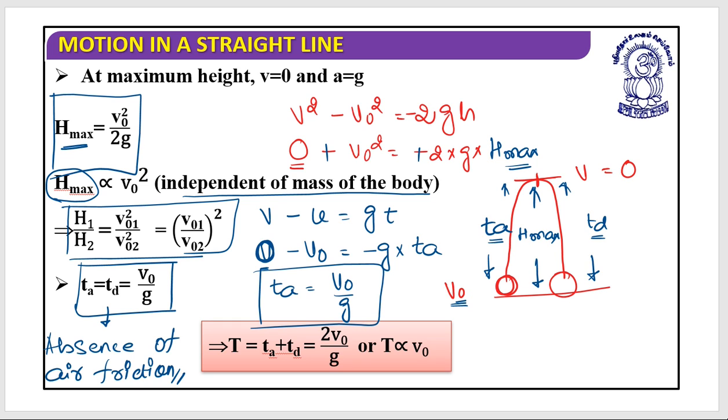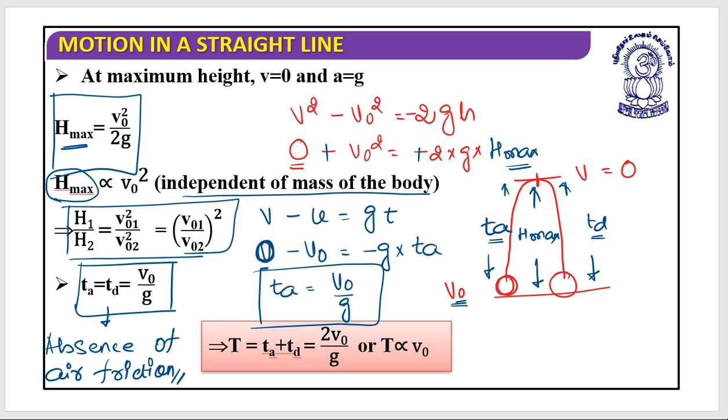So this is the default situation, that you do not need to consider the effect of air friction. But if the examiner wishes that you consider the effect of air friction, then he or she will specifically write in the question that please consider the effect of air friction. I hope these things are clear to you.